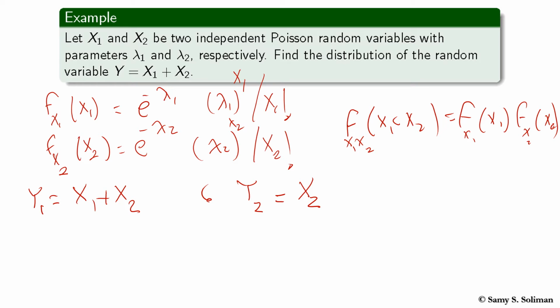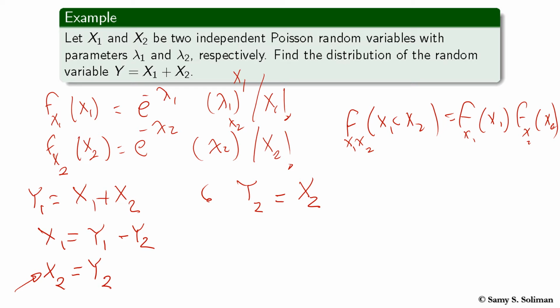The first step is to find x1 and x2 in terms of y1 and y2. One of these relations is straightforward: x2 equals y2. What about x1? x1 equals y1 minus x2, and since x2 is equal to y2, x1 is y1 minus y2, and x2 equals y2.